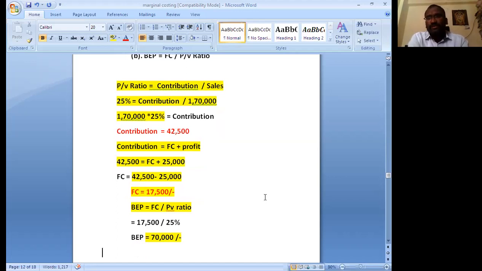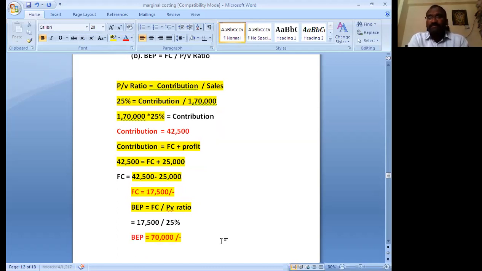You know the fixed cost and the PV ratio, so directly substitute: 17,500 divided by 25%. Now you get the BEP as 70,000. This 70,000 is the break-even point.